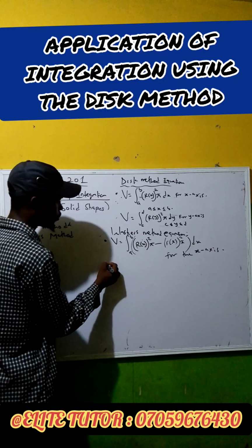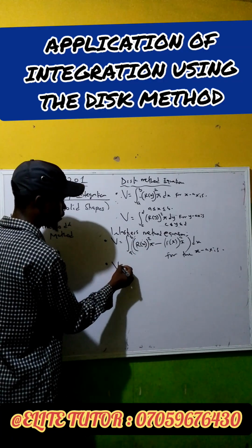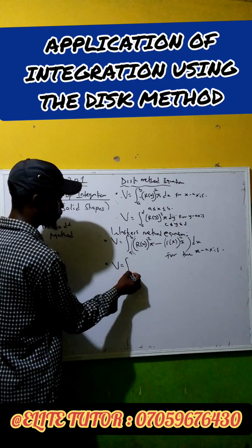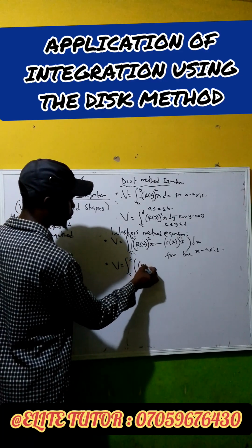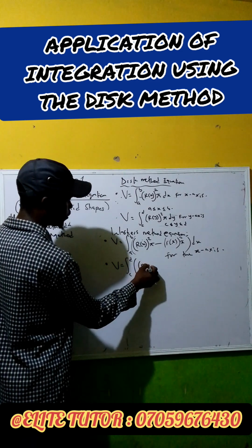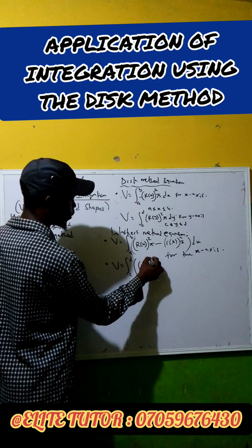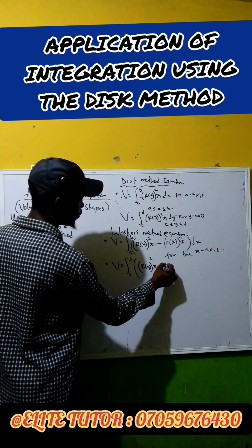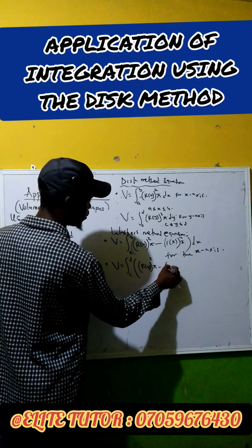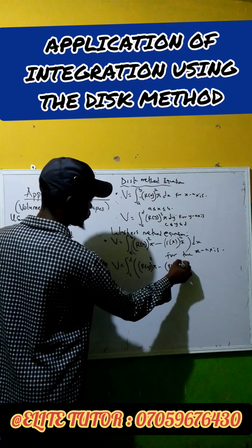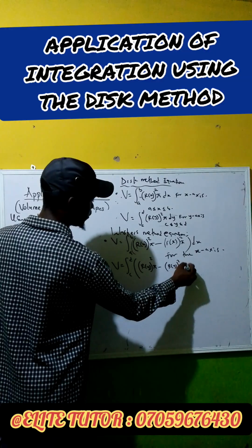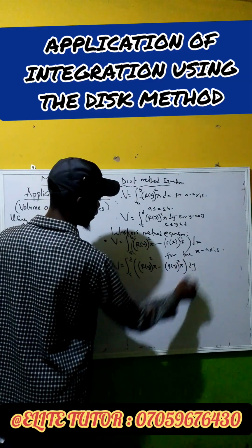For the y-axis now, it's the integral of c to d, of big r of y squared pi minus small r of y squared pi, all having the y.